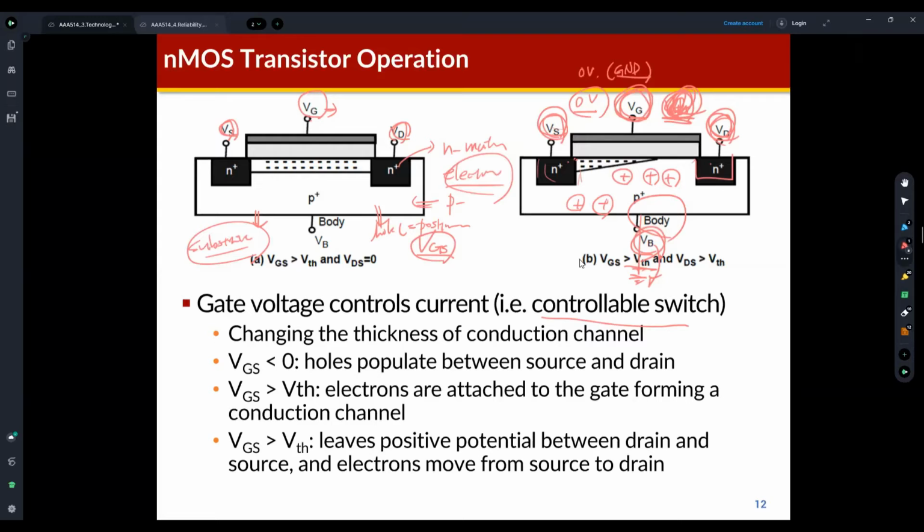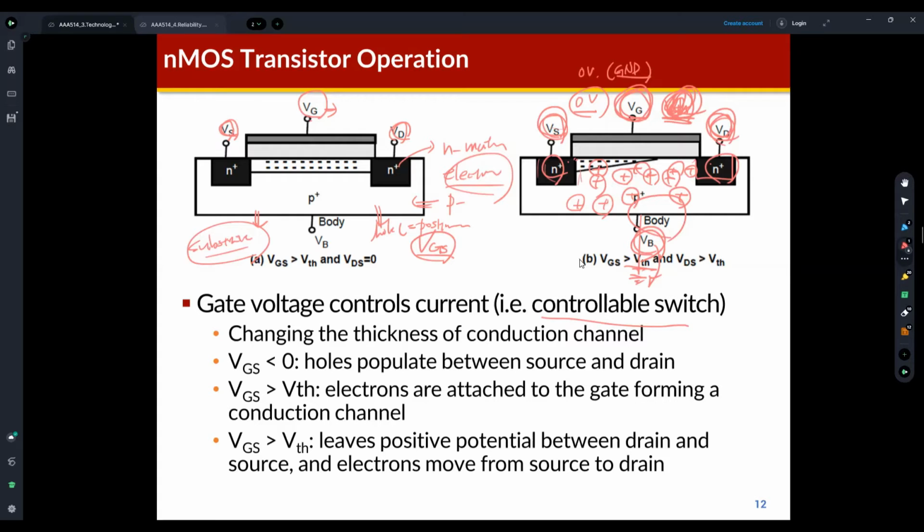That means this P substrate between the source and drain has many holes, so the amount of free electrons is lower, and the channel is not generated. I will also explain about the channel later.